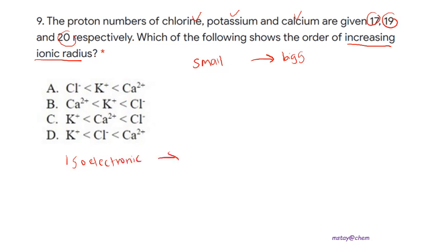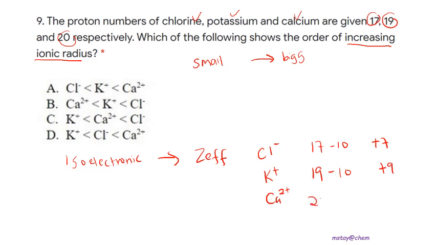If they are isoelectronic species, the factor that we are going to consider is effective nuclear charge. Let's find out the effective nuclear charge for Cl negative: 17 minus 10, positive 7. For the K plus potassium ion, 19 minus 10, positive 9. Calcium is 20 minus 10, positive 10.